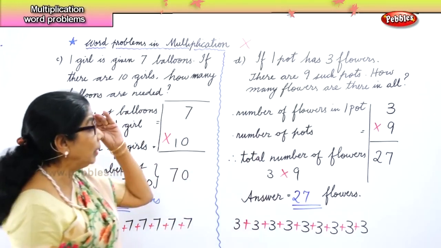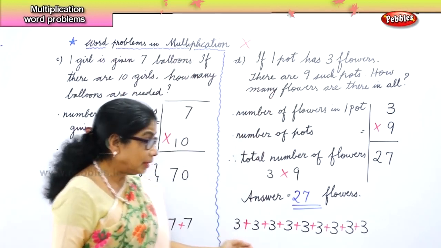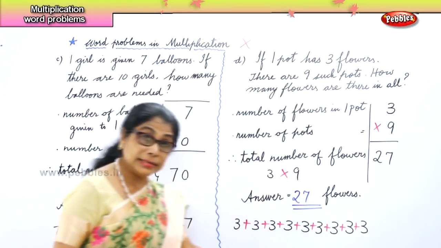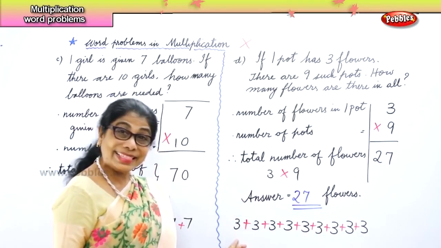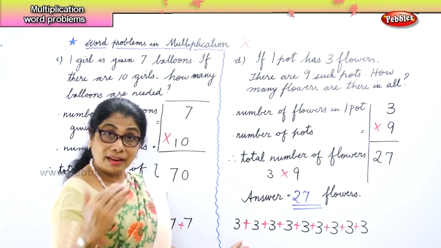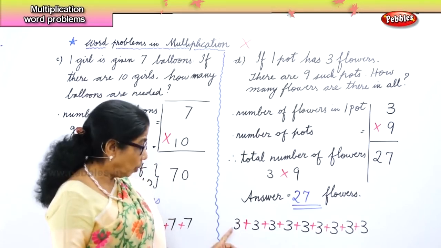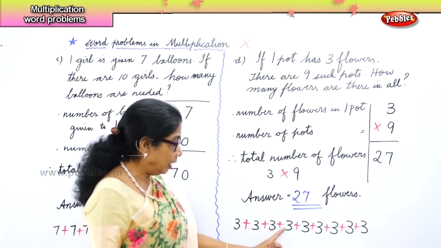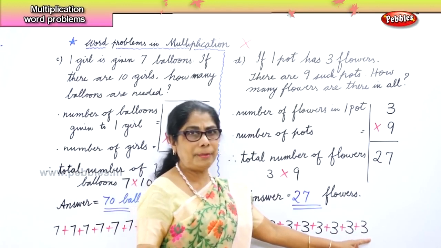Okay? So what did we learn here? In word problems also you must think of multiplication as repeated addition. One pot has got 3 flowers and there are 9 such pots. We are going to put 3 flowers in each pot. There are 9 pots.